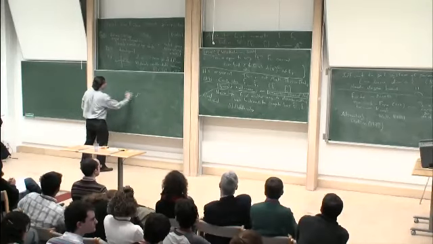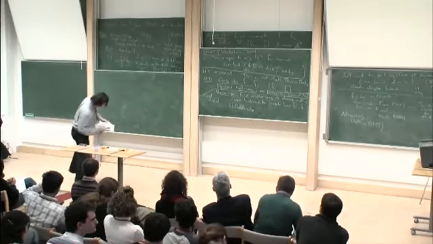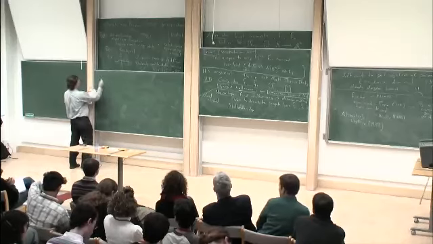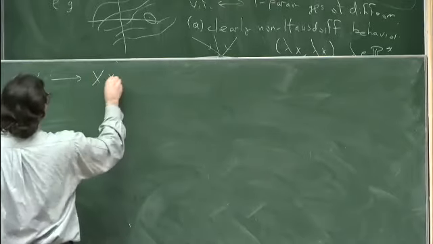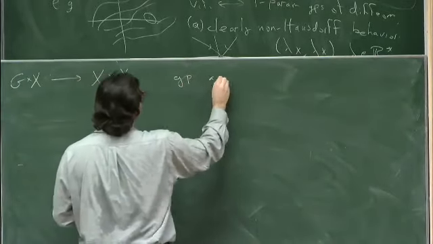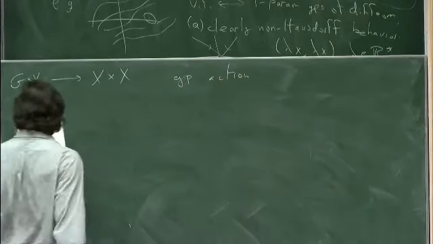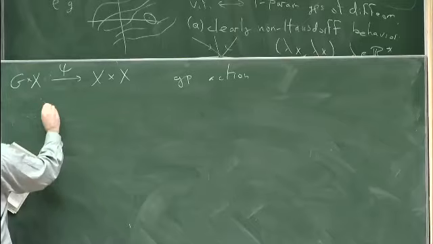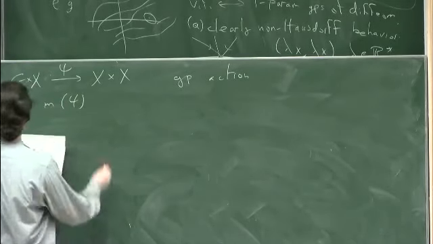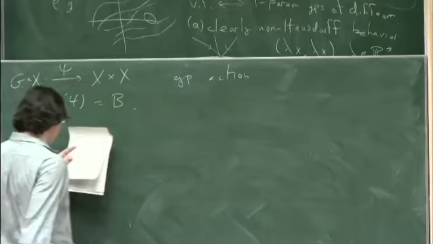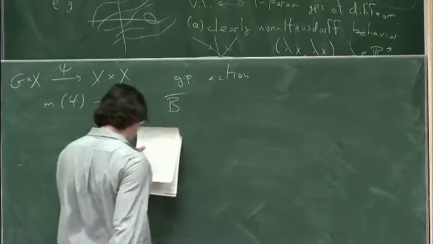That turns out to suffice. So let X be a linear representation. Consider this, goes to X cross X, group action. And let's call that psi. Then the image of psi we'll take to be something called B. Then B bar is the Zariski closure.